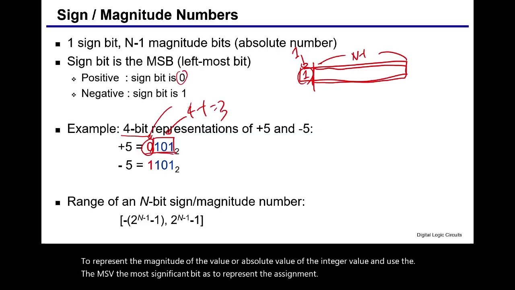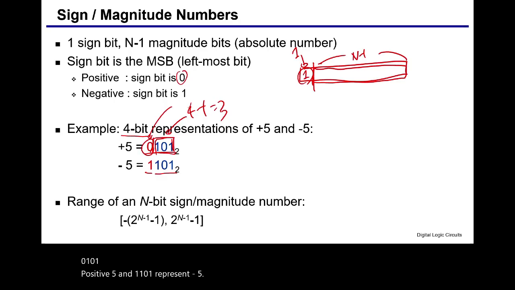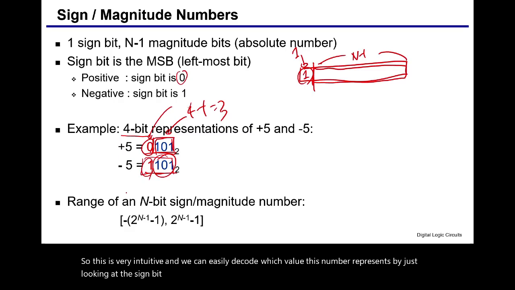So 0101 is positive 5, and 1101 represents negative 5. This is very intuitive, and we can easily decode which value this number represents by just looking at the sign bit and the absolute value or magnitude.